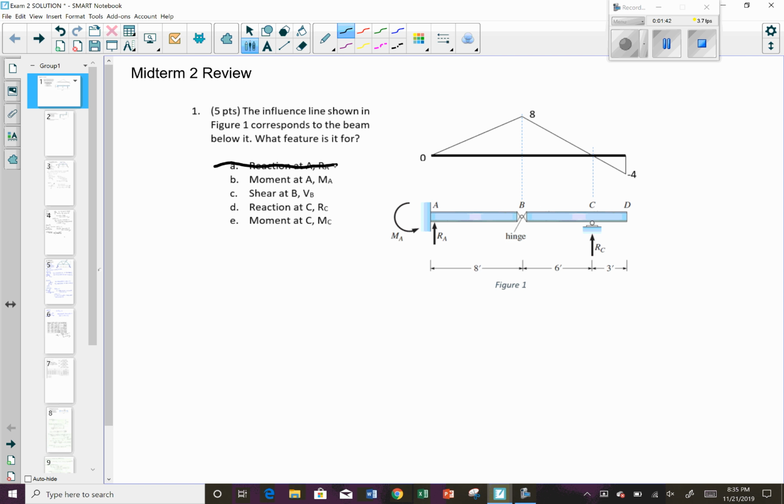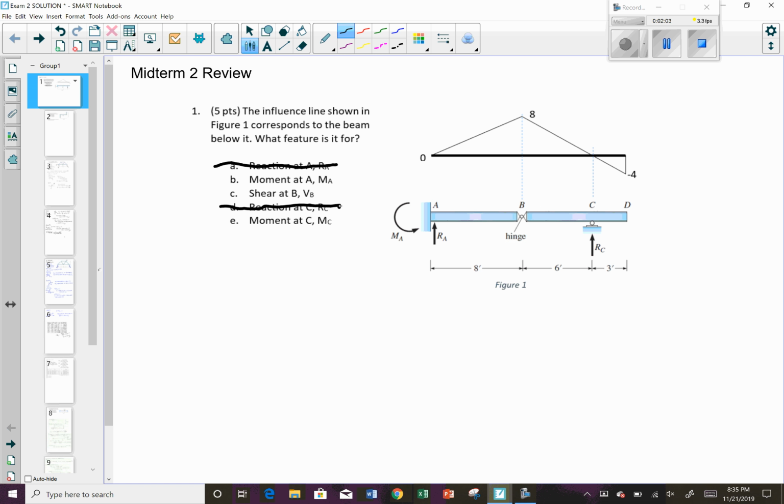Let's just do the reactions first. If we put our unit load at C, we would have a reaction of 1, and we do not, so we can cross that off.